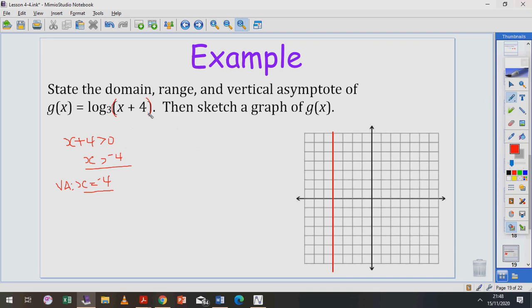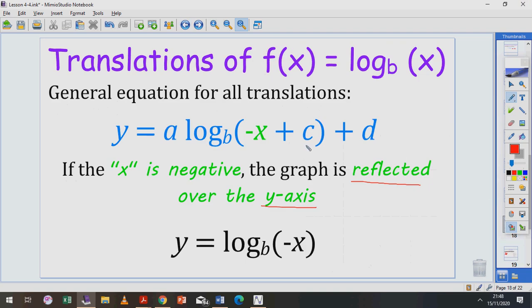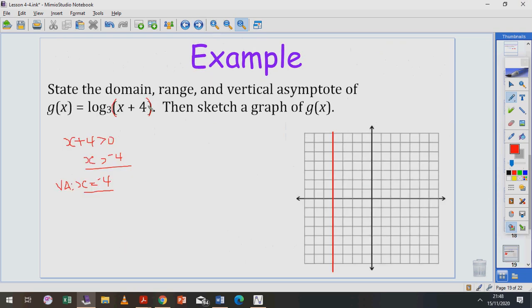Now, this x plus 4, that's the c value we're talking about here, and it means that the graph is shifted 4 units to the left. That's why I already drew it here. The parent graph of this function is the graph of log of x to the base 3.